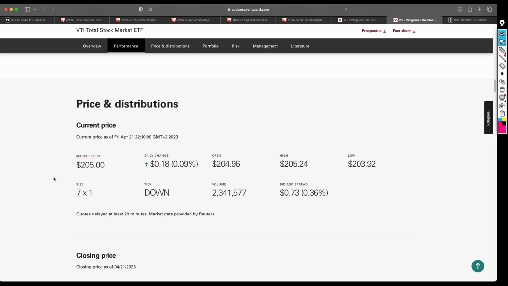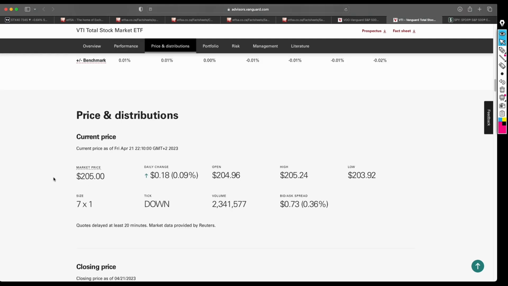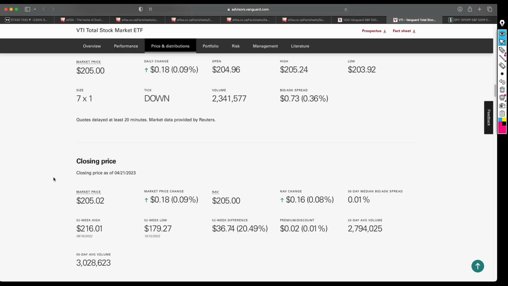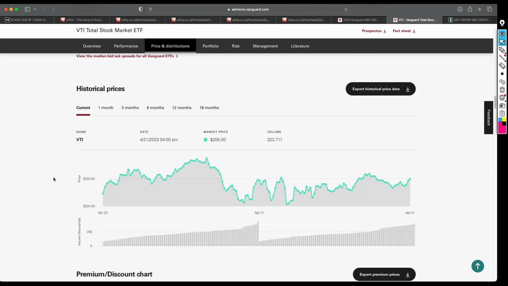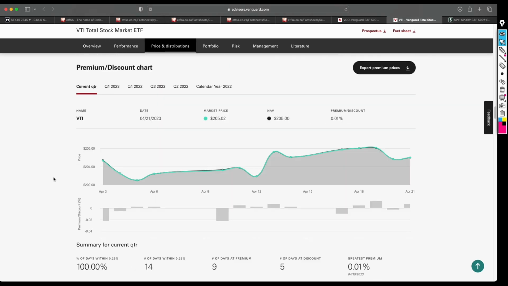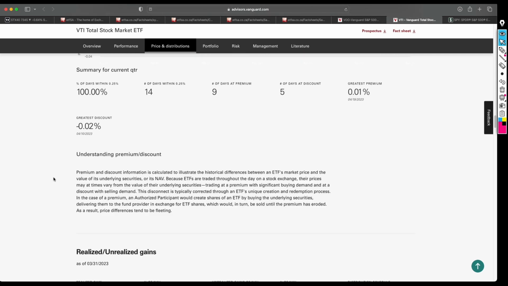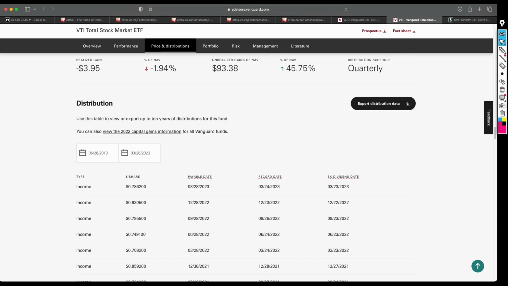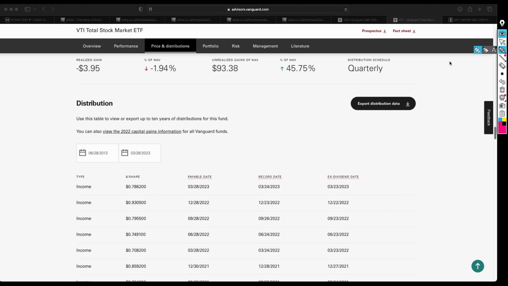Now in terms of distributions, let's see if they are saying anything. They are not talking about distributions per se, just bits and pieces of information about the share price. So let us look at the distributions. This one is around $200, and the distribution it pays quarterly is an average of about 80 cents per ETF that you can expect to receive.